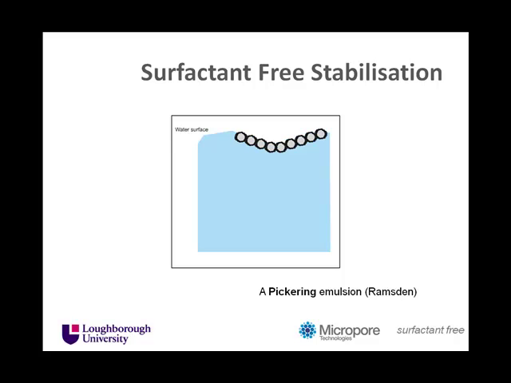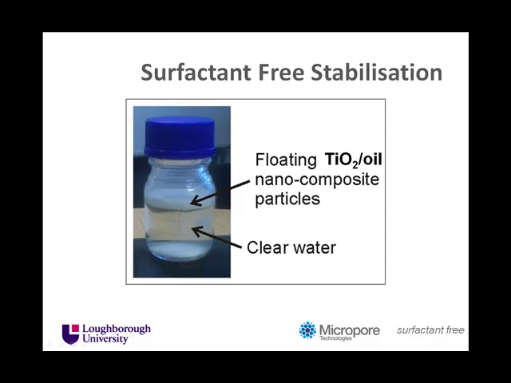And we've done some interesting work there, creating some floating particles for photocatalytic effects. This is where we have titanium dioxide acting as the stabilizing particles. It's surfactant free, but the titanium dioxide particles are partitioned around the oil droplet, and they've caused the oil droplet to remain stable. The oil droplet's floated. It's a vegetable oil, it's not a mineral oil.